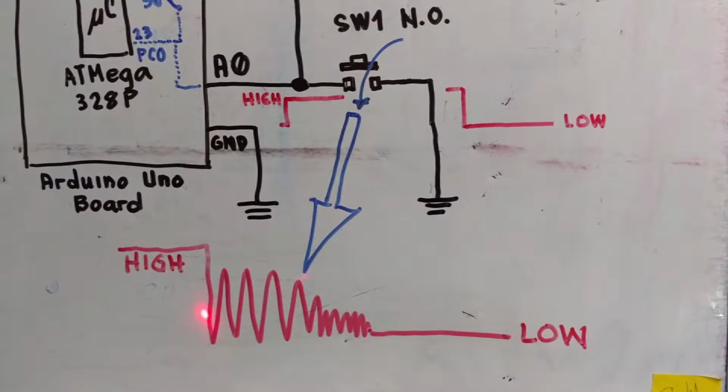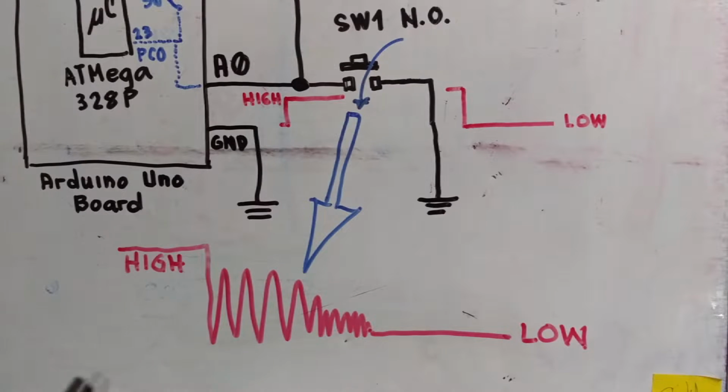Be careful when you're detecting a switch because of this bouncing, bit port A0 may interpret it as logic high, logic low, logic high, logic low. That means it may give you a false detection of the switch.